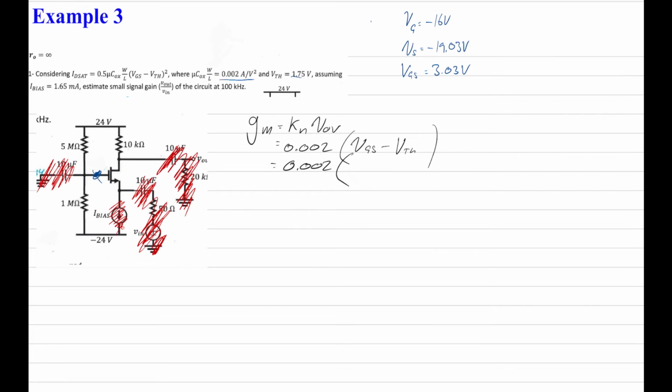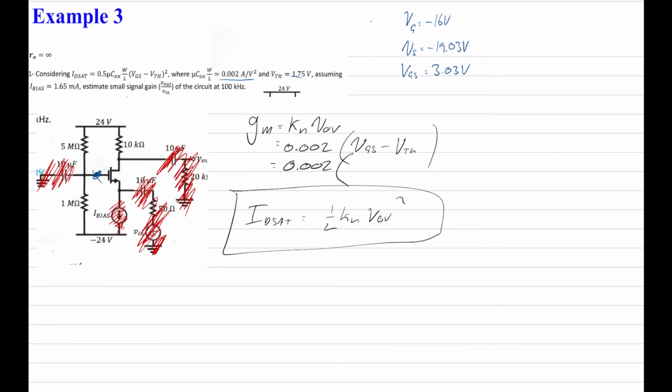And remember, the gate voltage was worked out from the biasing at DC level. And the drain current was worked out via the standard equation of ID sat equals half Kn Vov squared.